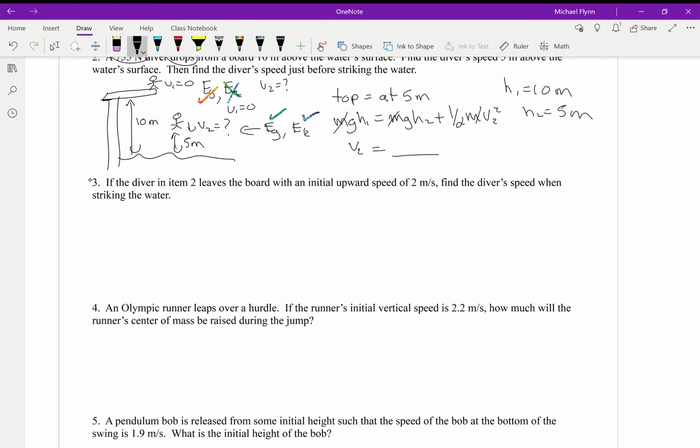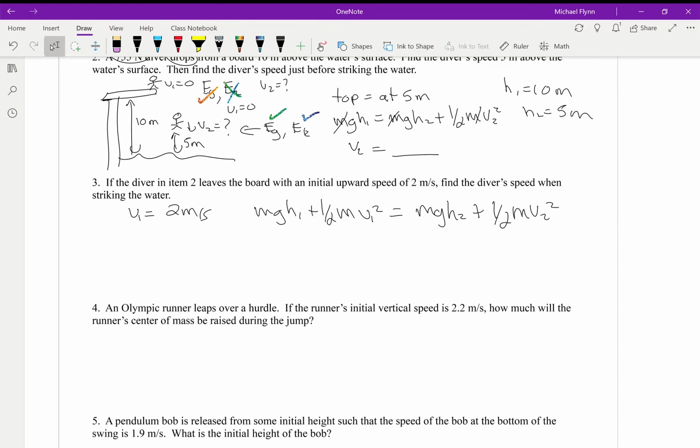Now, look at the next question. What if V1 was equal to 2 meters per second? What if you ran off the board or jumped off with a certain amount of speed? Well, if V1 is not 0, then you're going to have mgH1 plus 1/2 mv1 squared equals mgH2 plus 1/2 mv2 squared.